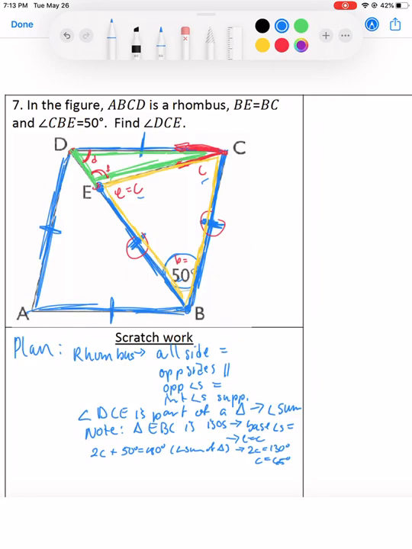So both of these angles are equal to 65 degrees. Okay. So that's good. Now from E we can get to F, which is one of our angles here. Okay. So we have 65 degrees from E plus F is equal to 180 from angles on a line.